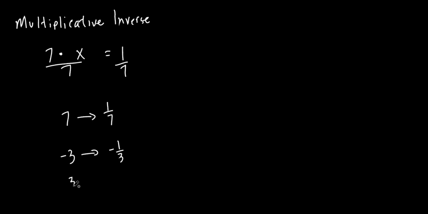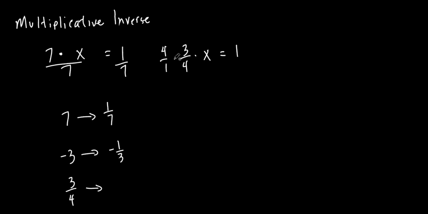What about 3/4? What do you think the multiplicative inverse of 3/4 is? Again, 3/4 times what is going to give you 1? It is 4/3. Very good. Because if I want to get x by itself, how do I get rid of this?